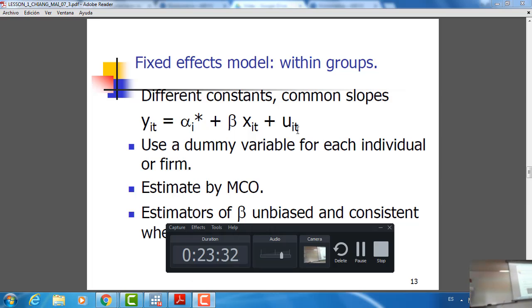We have data, in this case panel data; we have models, in this case fixed effects and random effects; and then we have estimation techniques, which could be many: OLS, GLS, and others.